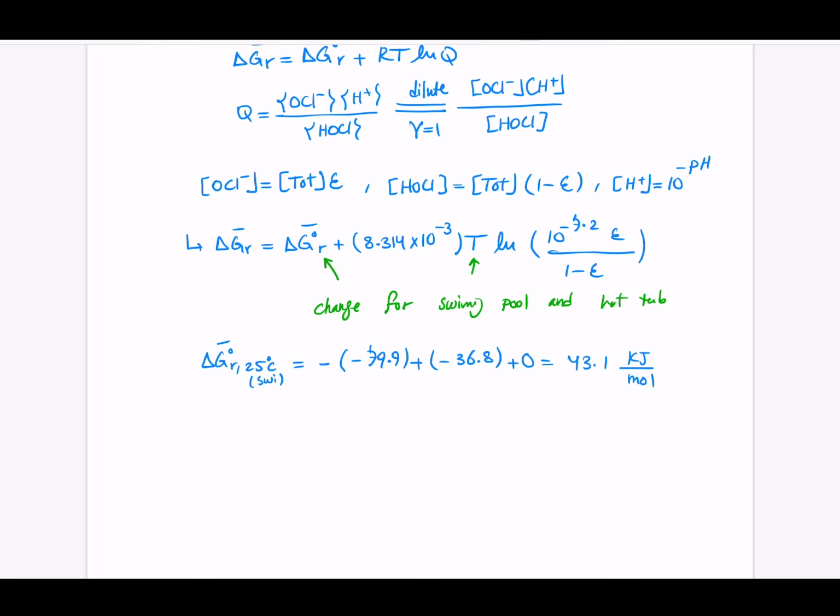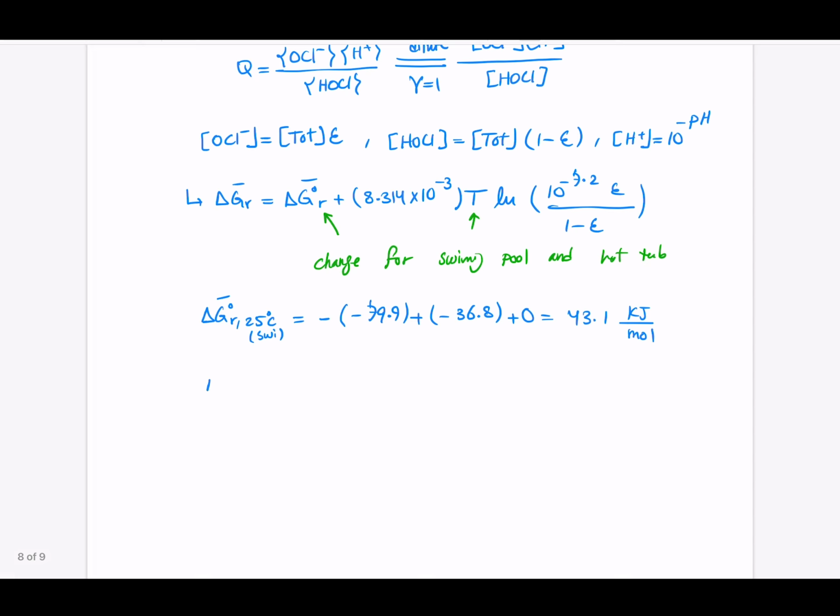The values for delta G at 40 are not given. Well, we have the K value for 40 in part A, what we calculated. So now we need to go backward.